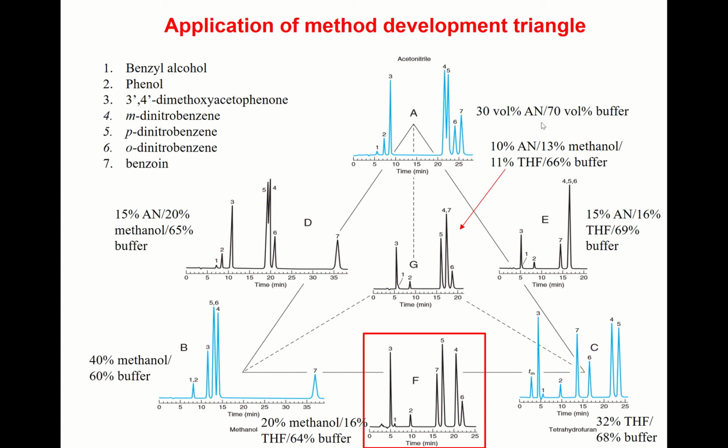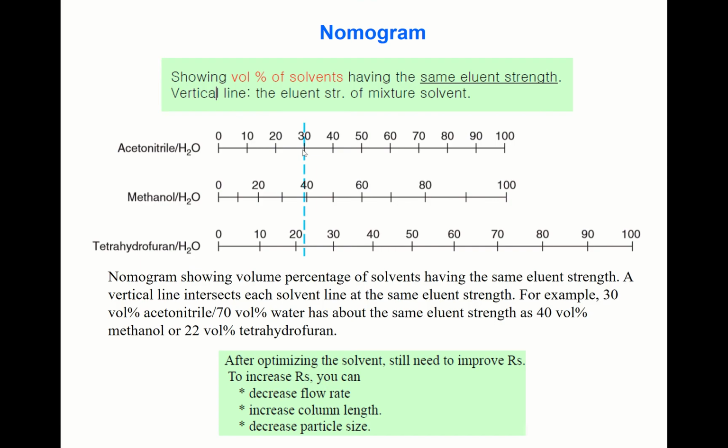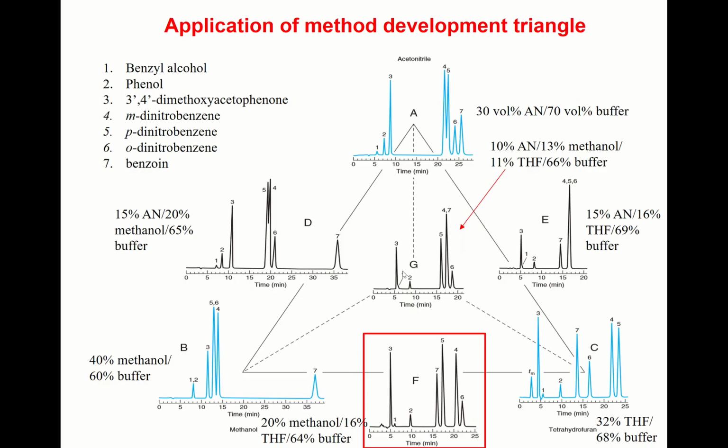From chromatogram A, we learn that 30% acetonitrile and water mixture has the same eluent strength as methanol and water, at which the methanol percentage is about 40%. So when you try solvent B, you start with methanol and make its volume percent 40, to make the same eluent strength as in chromatogram A.